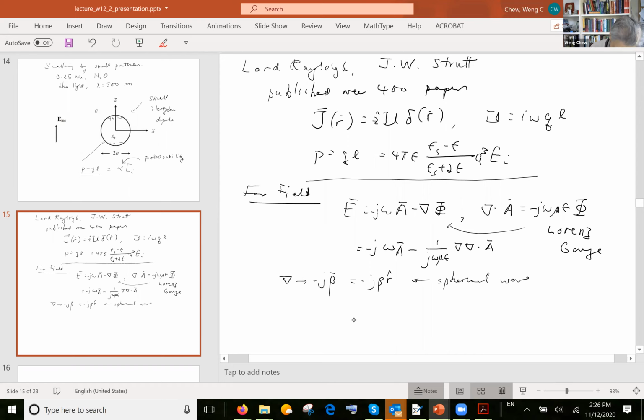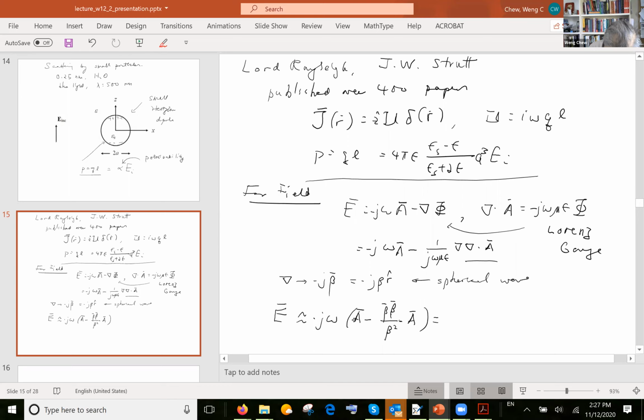And then if you plug that in here, I find that E is approximately equal to minus j omega [A minus beta beta over beta squared] dot A, because it's a dot product over there.